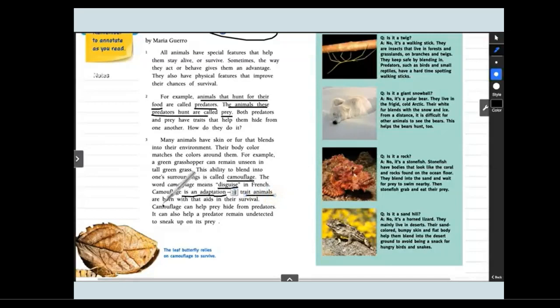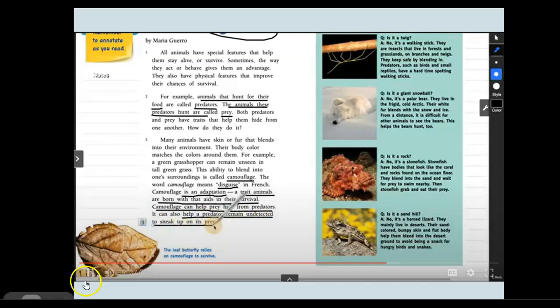Animals are born with that trait to help them survive. It aids in their survival. Aids means helps. So it's helping them to survive. Camouflage can help prey hide from predators and help a predator remain undetected to sneak up on its prey.